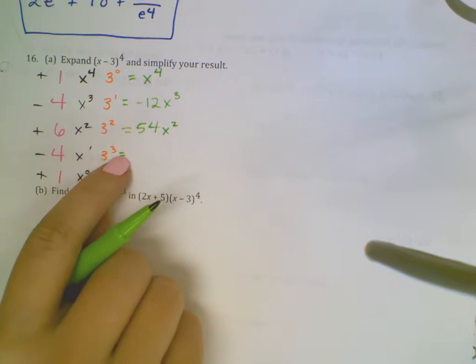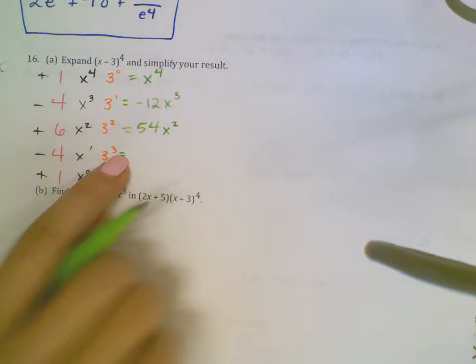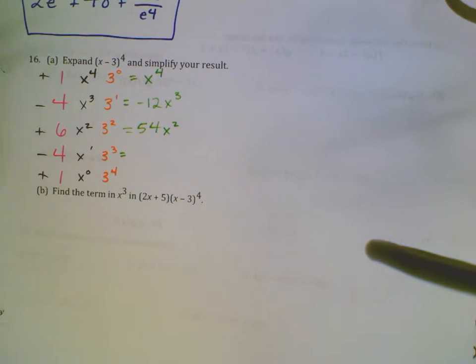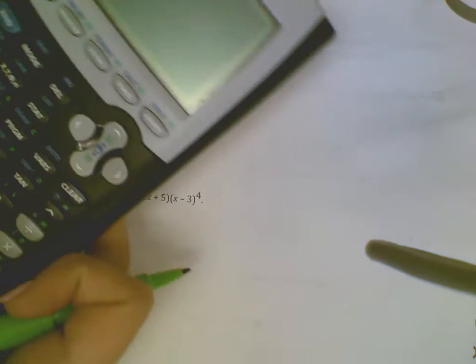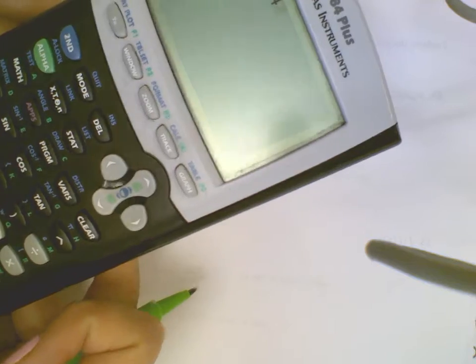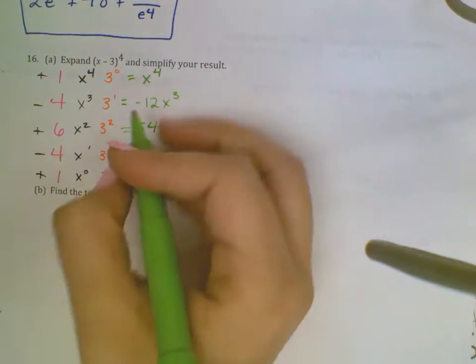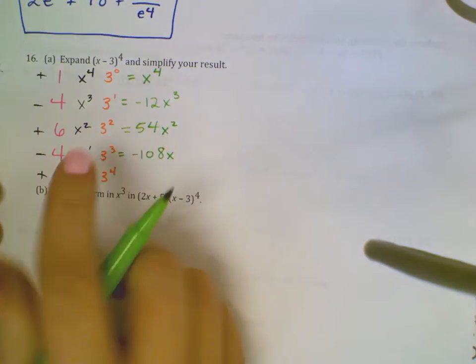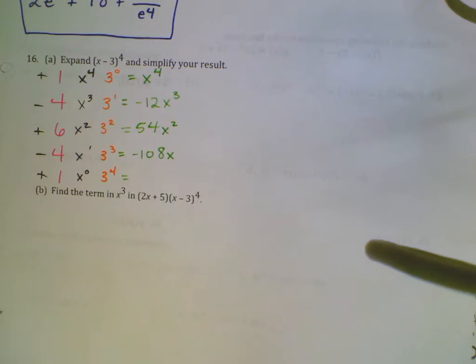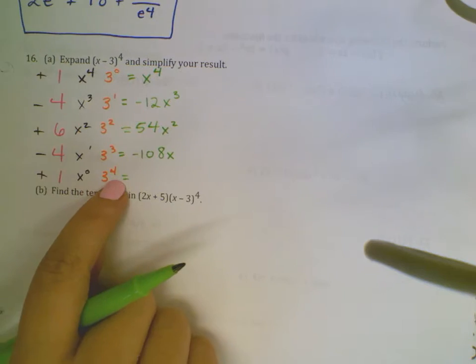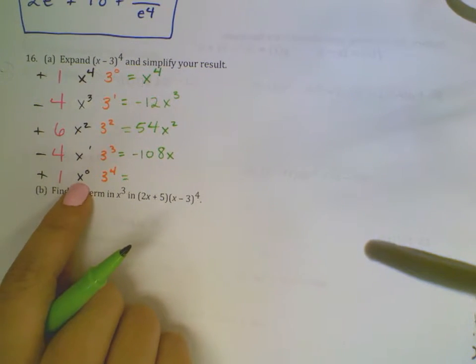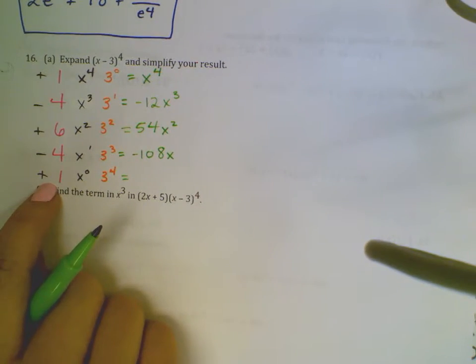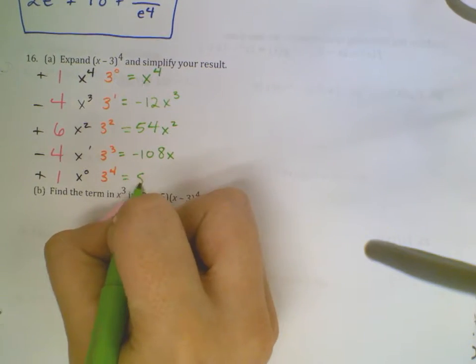Then I have 3 cubed, which is 27, times negative 4 is negative 108. x to the first is x. Then I have 3 to the fourth times 1, because x to the 0 is 1, times 1. So really just 3 to the fourth, which is 81.